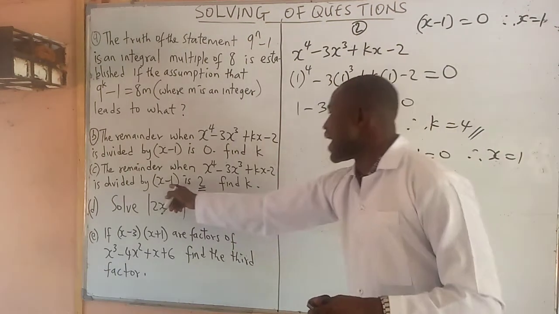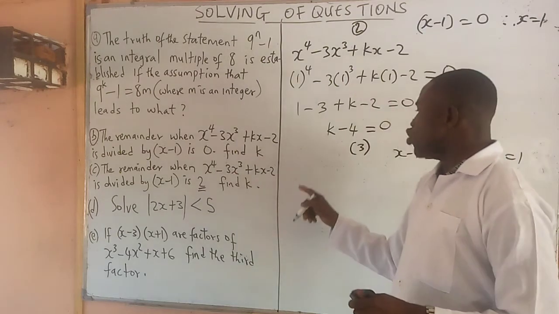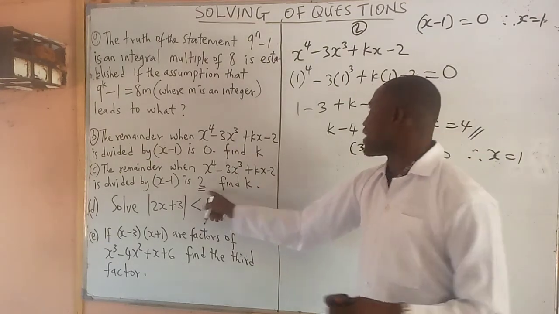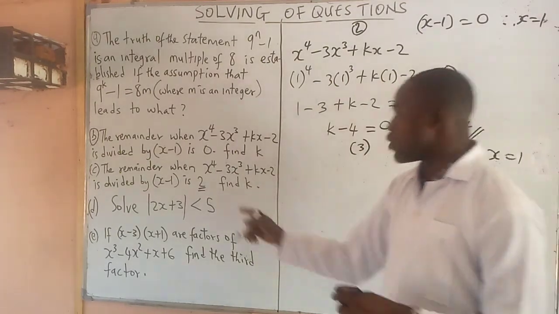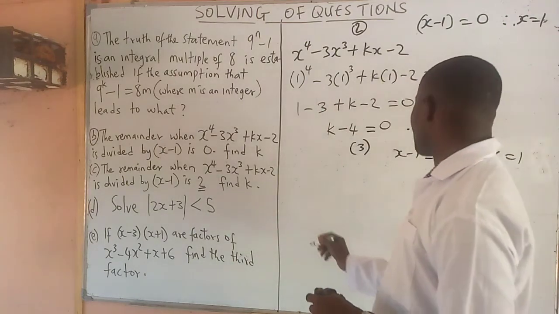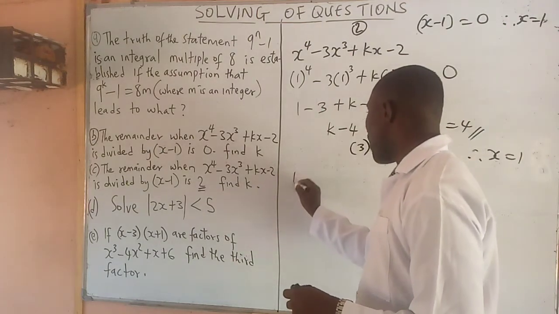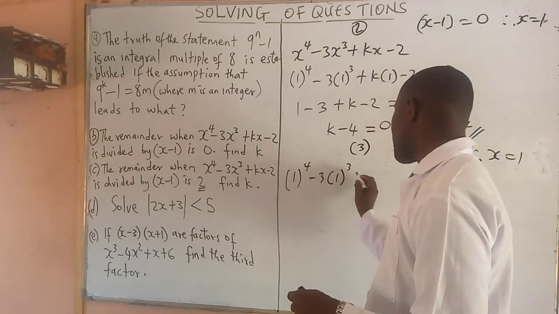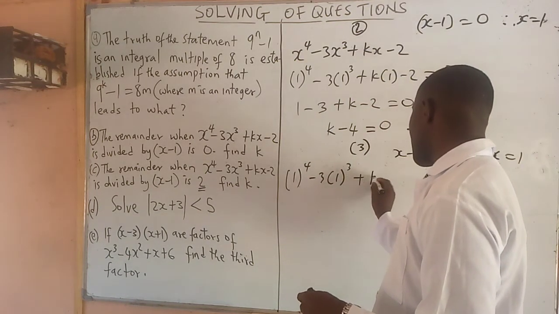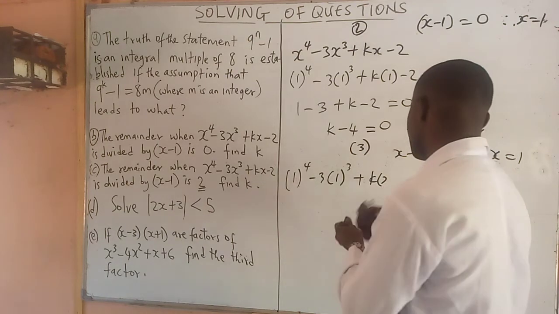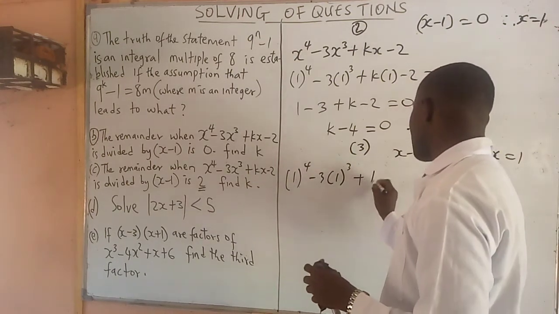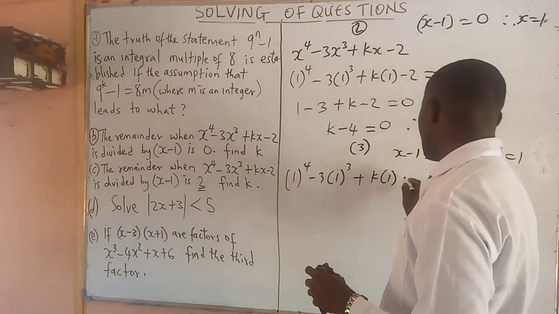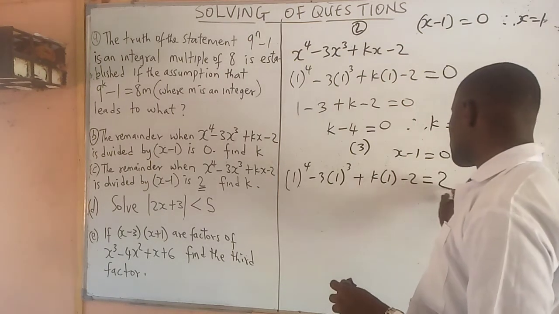Now, when you carry that x equal to 1 and put it here, you equate it to 2, which is the remainder instead of 0. So you say, since x is 1, 1 raised to the power of 4 minus 3 bracket 1 raised to the power of 3 plus k bracket 1 minus 2 equal to 2.